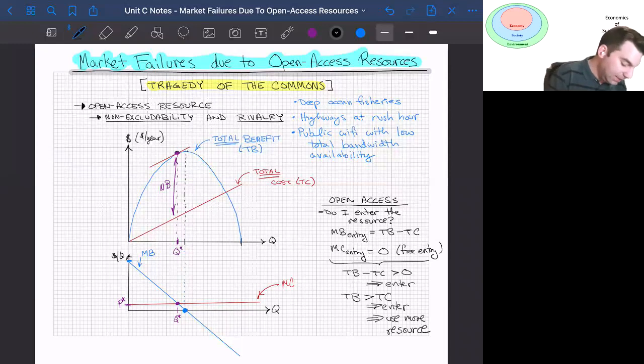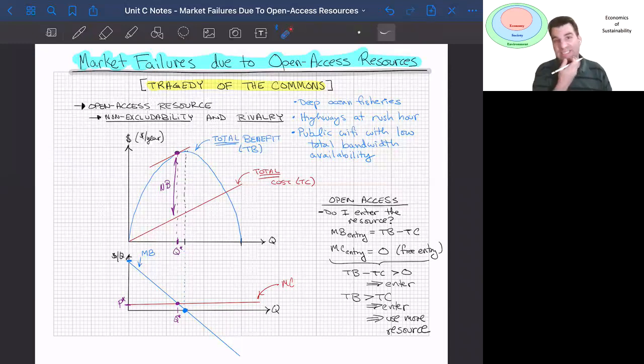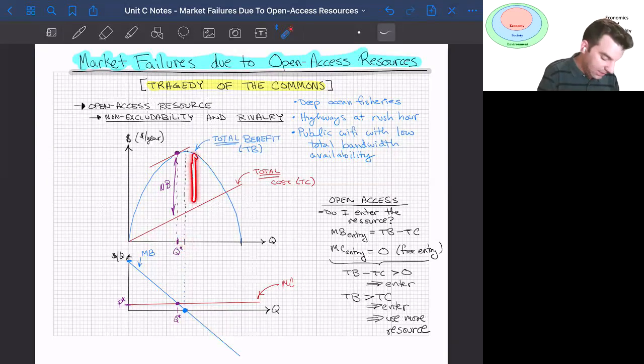And so what that means is that in the open access case, you might have had a private user that stopped here, but somebody else who hasn't gotten any benefit out of it says, oh, well, I can now get a little bit of benefit out of there. So why don't I put my boat in that fishery? And so they are then going to increase the usage. And then someone else is going to say, well, there's still a gap here, so I'm going to put mine in there.